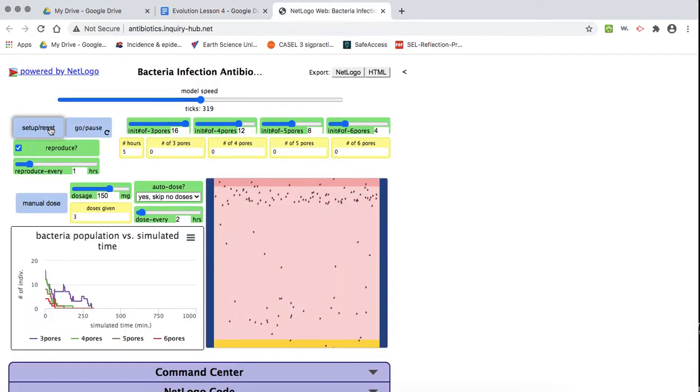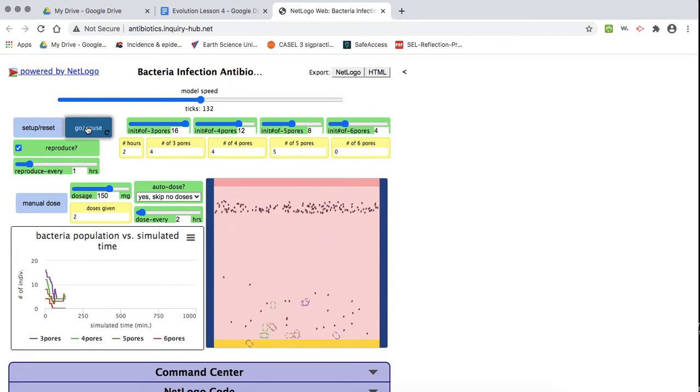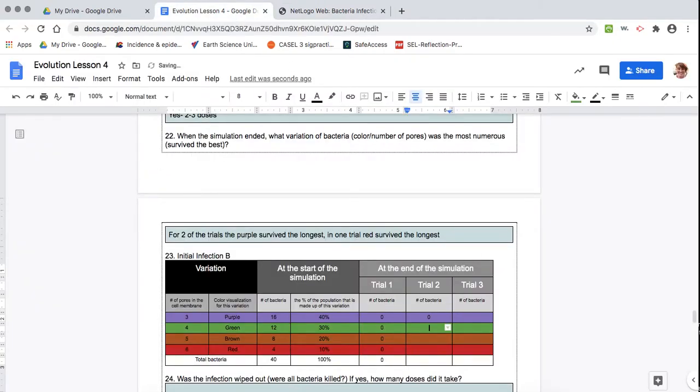Let's run it again. All right, so this time it only took 2 doses. It looks like it took about the same amount of time to kill off the purple and the green and the brown. We end up with no bacteria in the end.